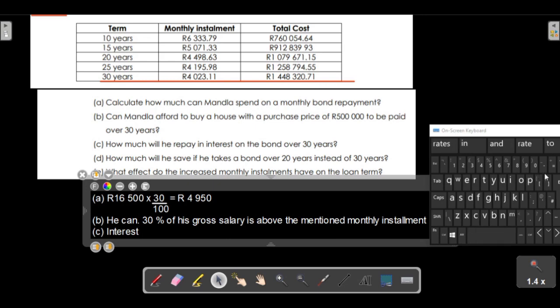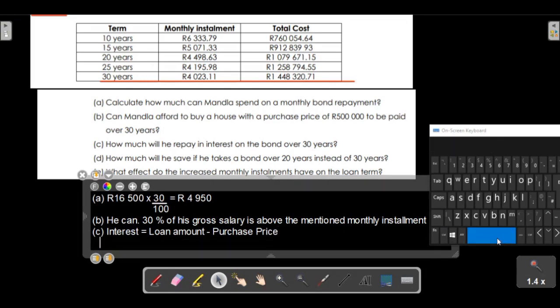Interest is always going to be the loan amount that he has to pay, subtract the purchase price.